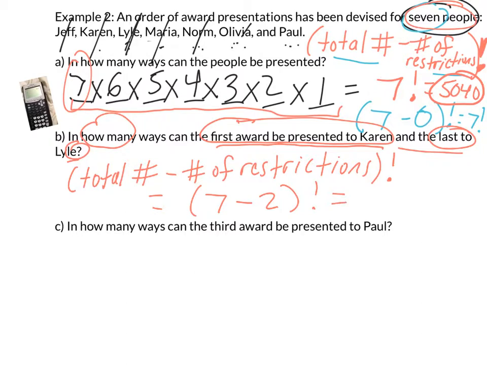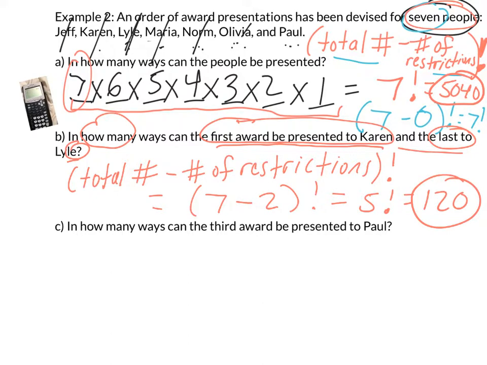We always do inside parentheses first. So I'm going to do the 7 minus 2 for 5 factorial. Then 5 factorial, you want to put it into the calculator. Please check on your own graphing calculator, but you should be getting 120 as the final answer for B.